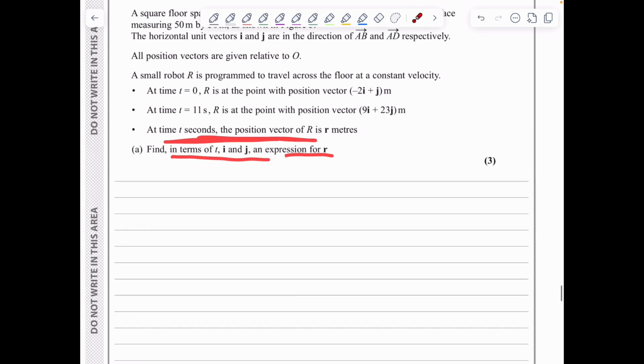Well, we know that since we are traveling with constant velocity, there is no acceleration. Acceleration is 0. So the position vector r is given by the initial position vector plus ut. u is the velocity. So we knew that when t is 11, we were at 9i plus 23j. So this is equal to minus 2i plus j, which is the initial position vector, plus 11u.